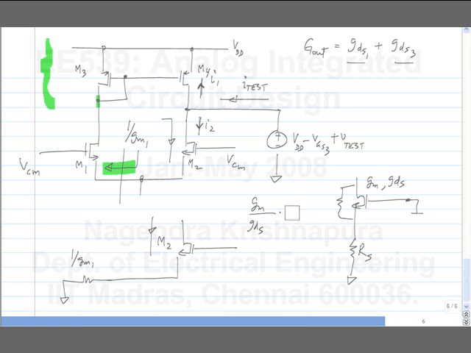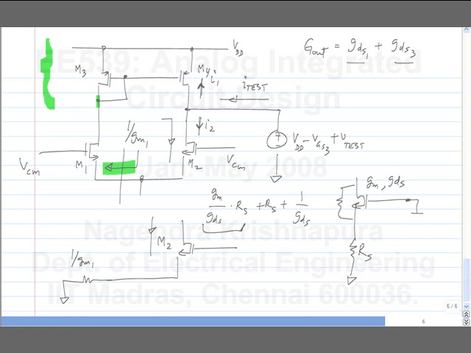Is this correct? So actually that is important. There are other terms also. The output conductance of this is Gm by GDS times Rs plus 1 over GDS. So what is this term in our case?